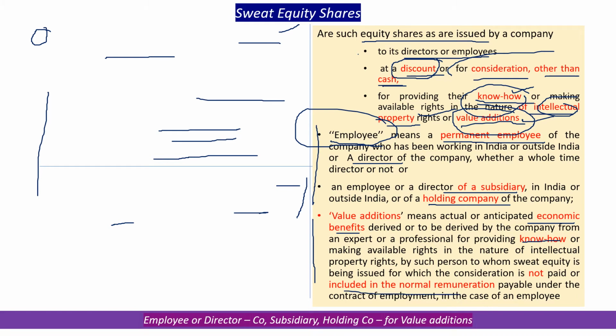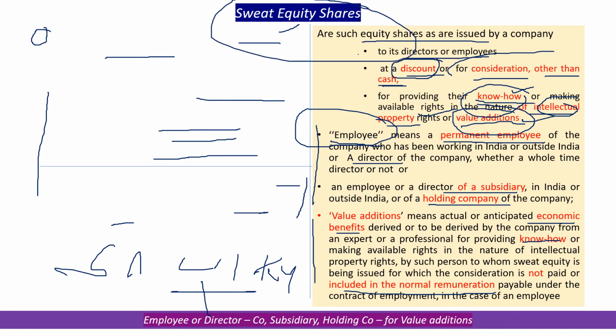It is not included in his regular remuneration. Therefore, he gets his salary, and in addition to that, he will receive sweat equity shares. Sweat equity shares have nothing to do with the normal course of work. Sweat equity shares are more concerned with these three things: technical know-how, intellectual property rights, and value additions.